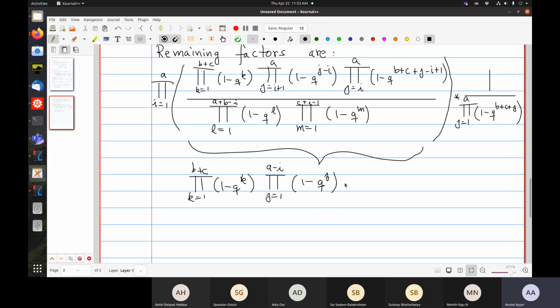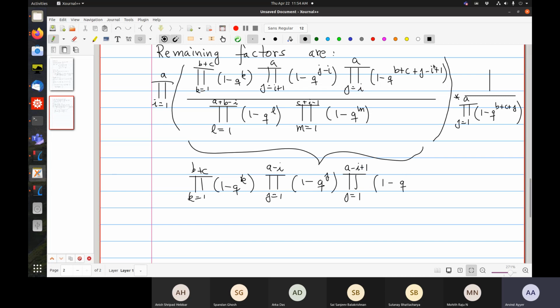So that was the obvious thing to do here. Here I'll replace j by j minus I minus 1. So j goes from 1 to a minus I plus 1.